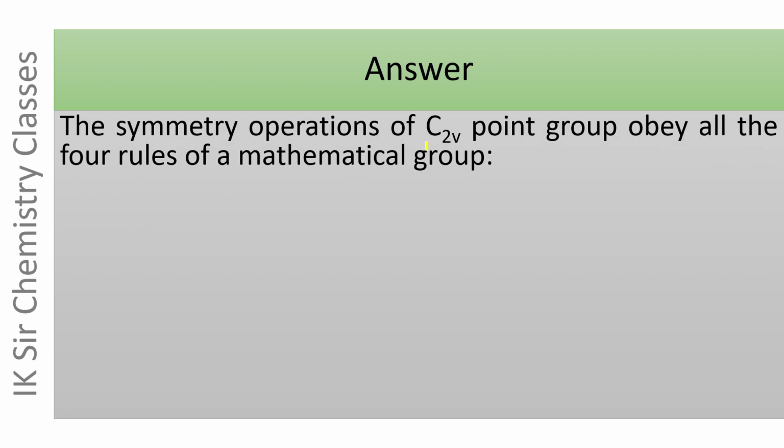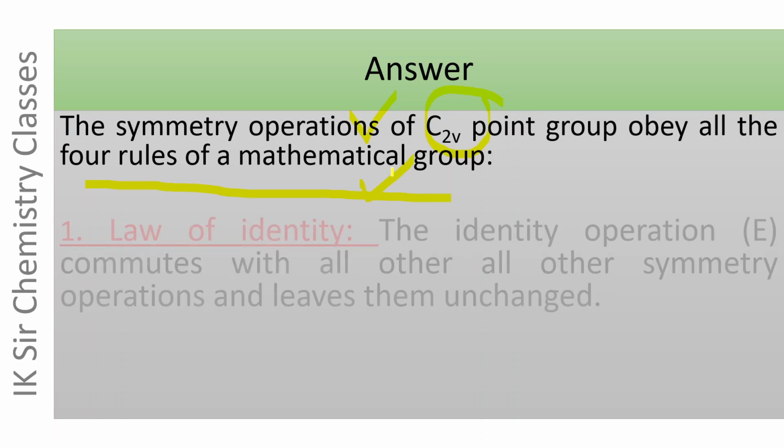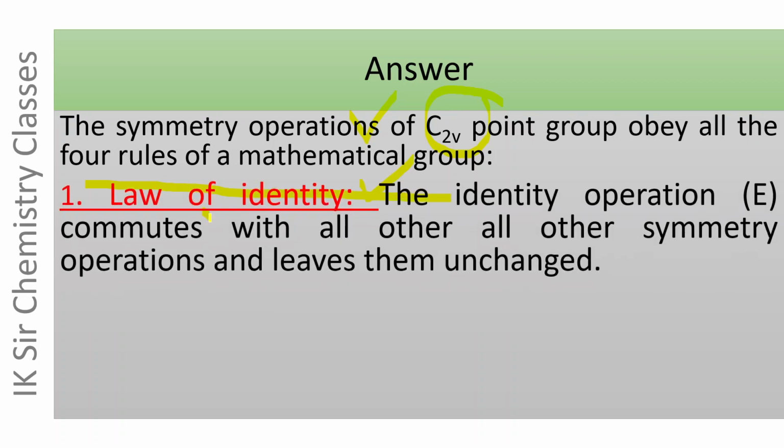The symmetry operations of C2V point group obey all the four rules of a mathematical group, such as law of identity. The identity operation E commutes with all other symmetry operations.